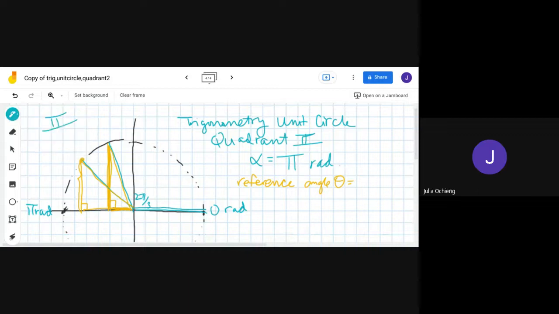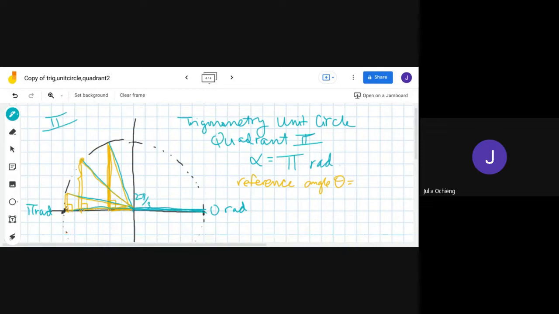And then when we dealt with 5 pi over 6, we were actually all the way down here. The reference angle slash triangle looked like this, and the sine value was then much smaller. So what's happening is the closer my angle gets to being pi radians, what happens to my sine value?